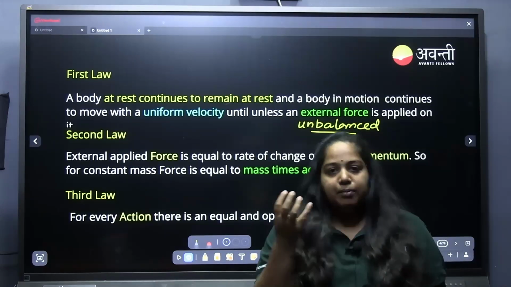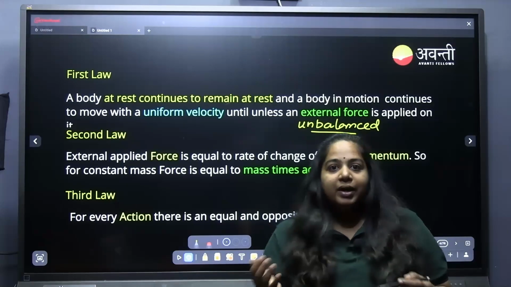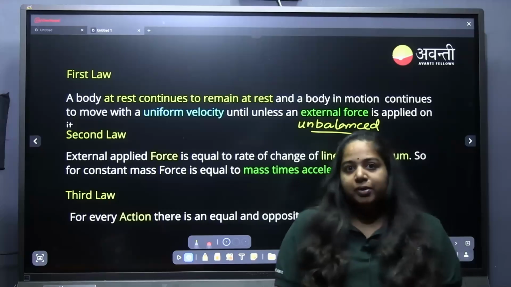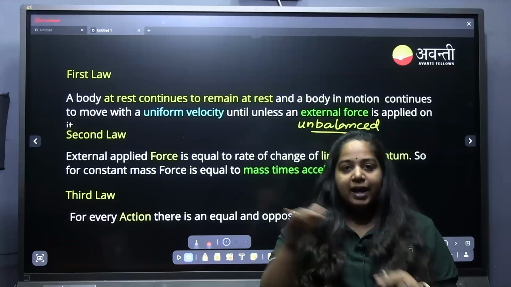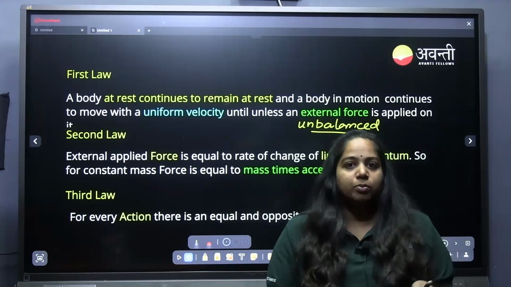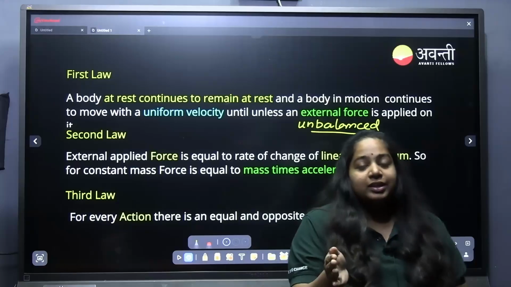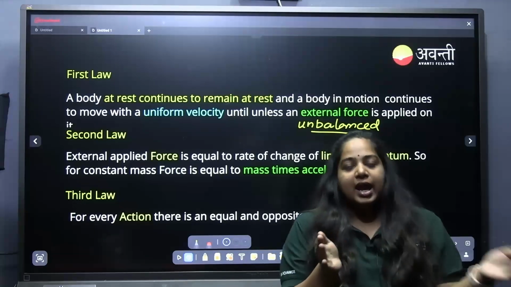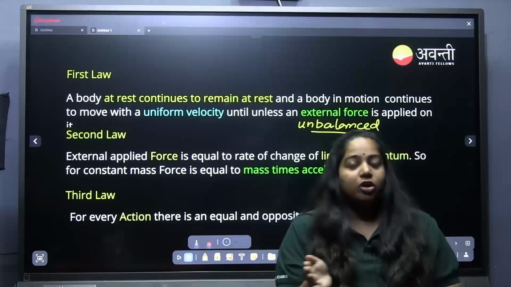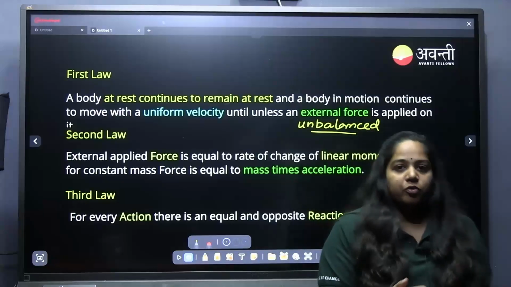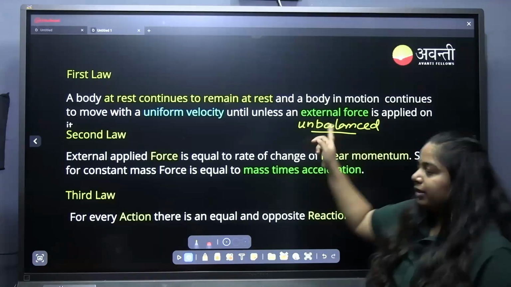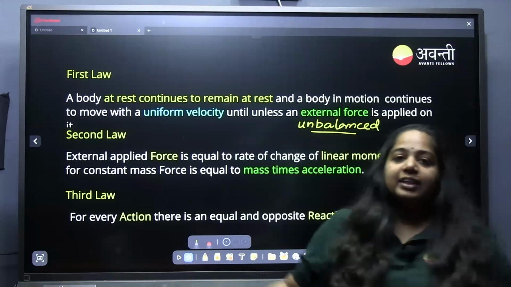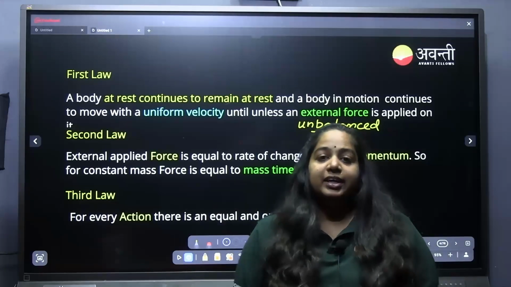What is that? mg, acting downwards, but the normal force is there opposing it and balancing it, which is why it is not moving. Now if you push it, that is an external force and it is not balanced, it is not cancelled out. That's why it will move. So the word unbalanced force is important here, and this describes the term inertia.